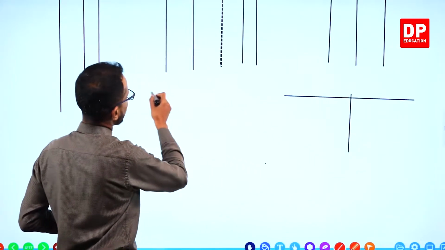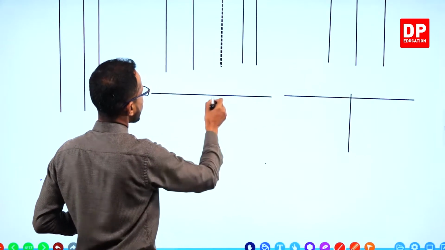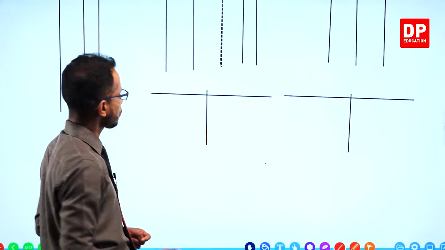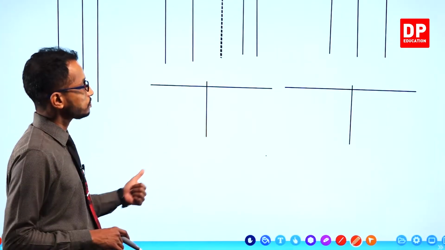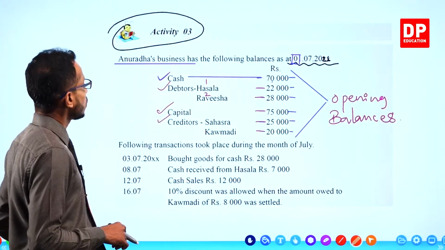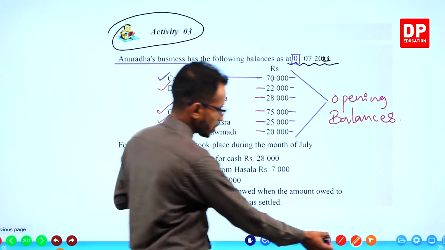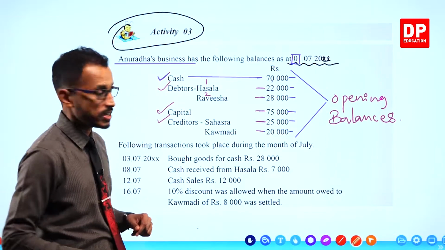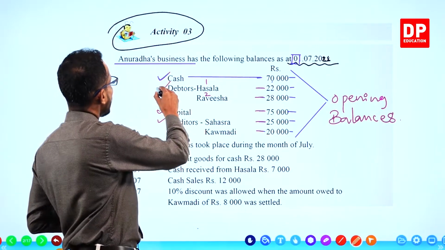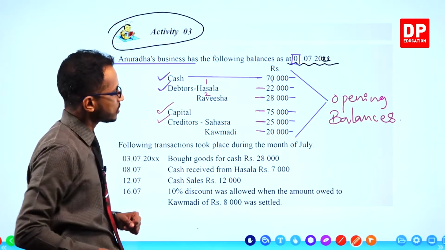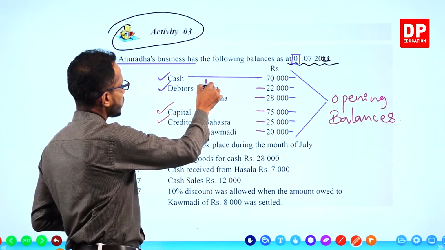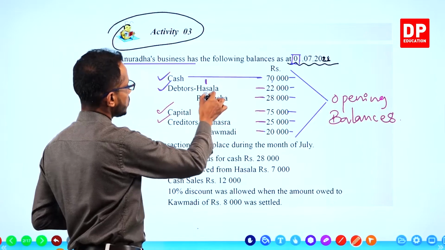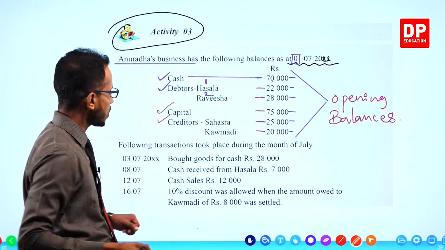This is Ravisha's account. Let's record the balances of these two debtors. We need to record 22,000 in Hassel's account and 28,000 in Ravisha's account.